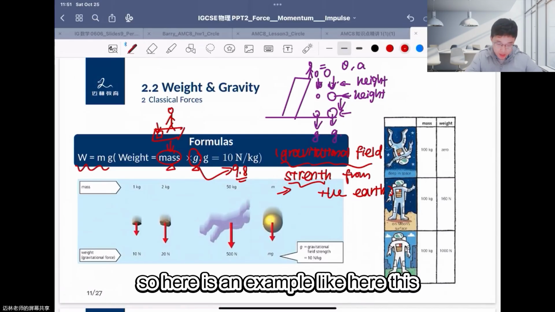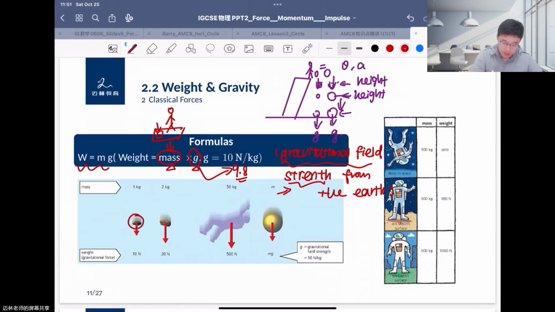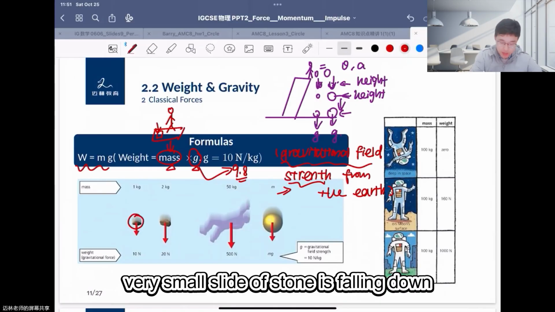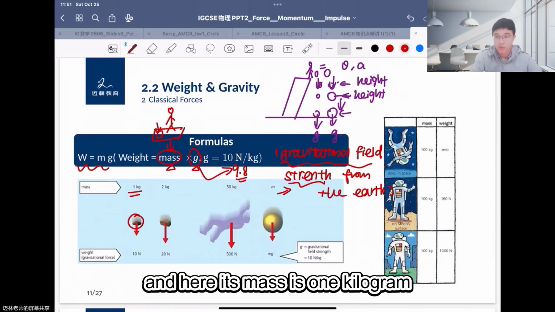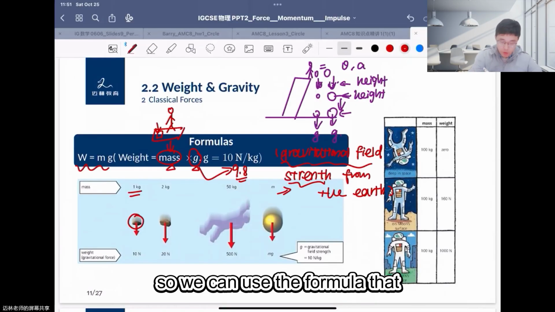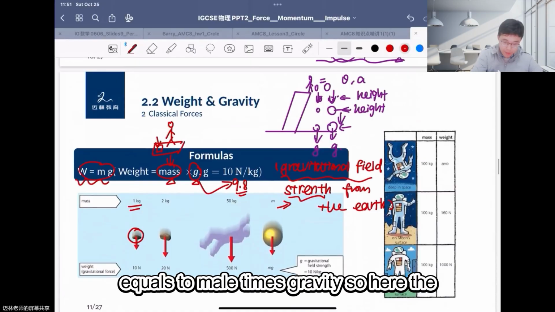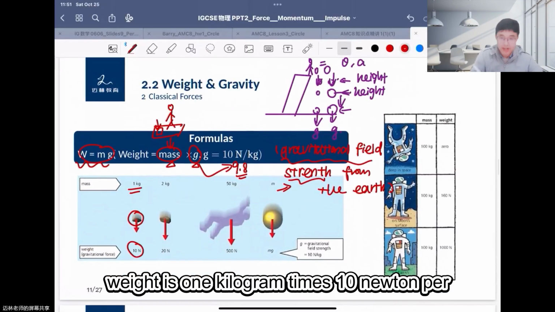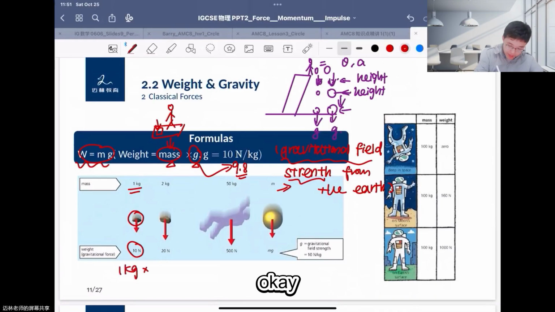Here are some examples. A very small piece of stone is falling down, and its mass is 1 kilogram. We use the formula weight equals mass times gravity, so the weight is 1 kilogram times 10 Newton per kilogram, which is 10 Newton.